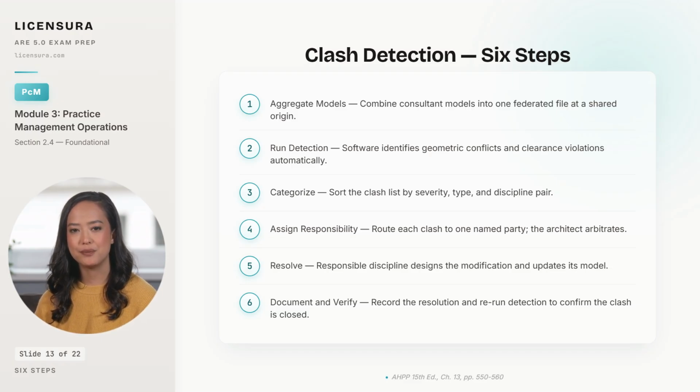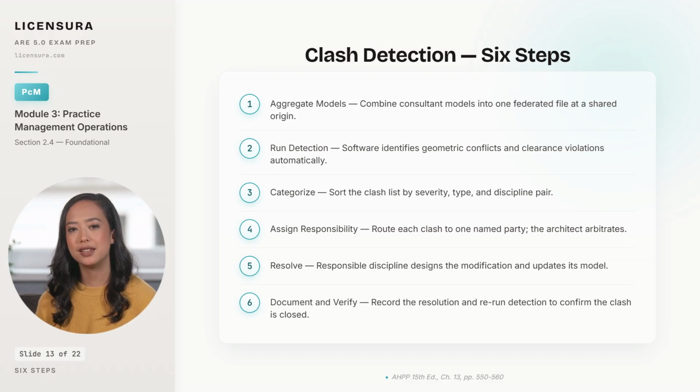The responsible discipline designs the modification, updates its model, and pushes the revision back to the shared platform. Document and verify sixth. The resolution is recorded so it survives team turnover, and detection is rerun to confirm the clash is actually closed. Clashes marked resolved without redetection frequently aren't.